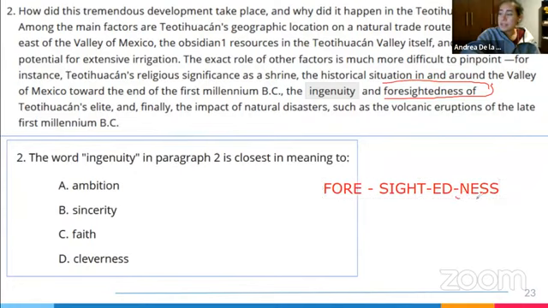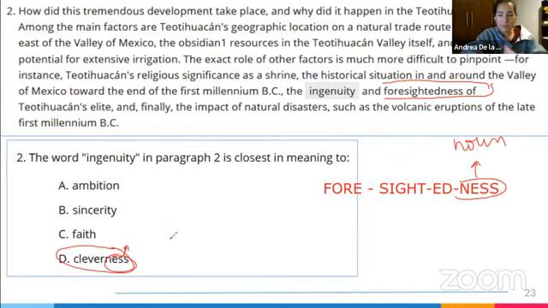The suffix "ness" doesn't mean anything, right? It is just telling you that it's a noun. So for example, the word cleverness, that suffix "ness" is just telling you that it's a noun. Clever is an adjective. If you add the suffix "ness," it becomes a noun, cleverness. Lazy is an adjective. If you add the suffix "ness," it becomes a noun, laziness. Same thing here. So foresightedness, you know that it's a noun.